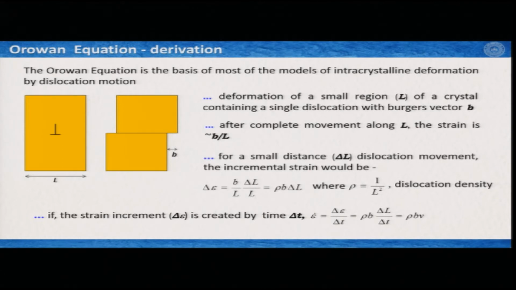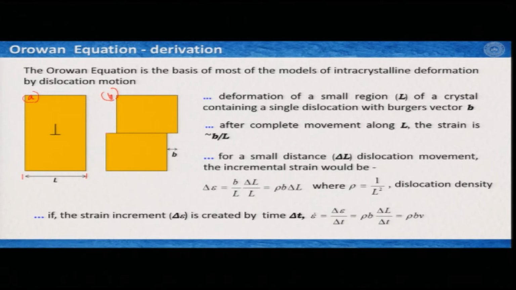In this slide, we have this yellow grain where this inverted T is a dislocation, and the length of this crystal is L. Now, when the dislocation moves from one end to the other end of this grain, from the initial stage, let us say A, to the final stage at B, we see that the grain has deformed.